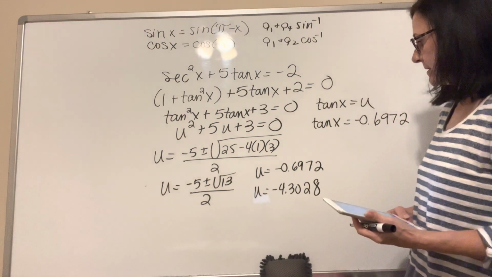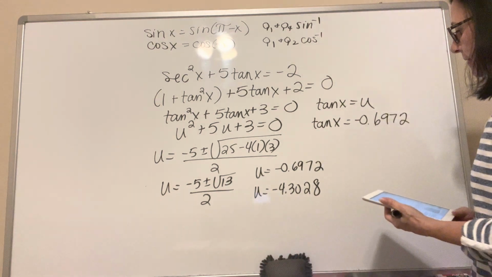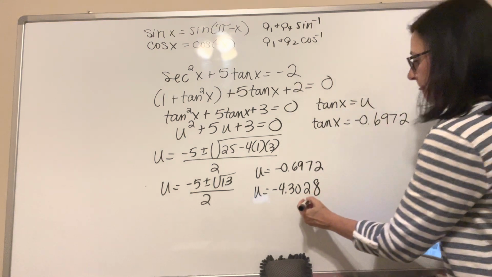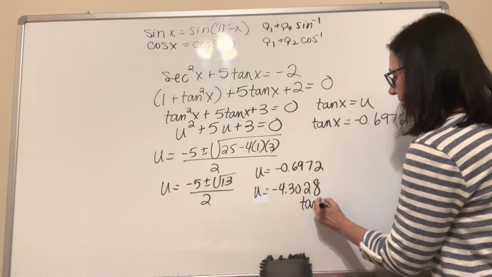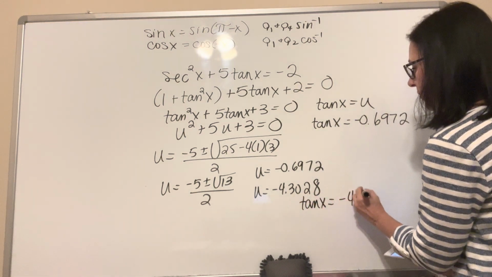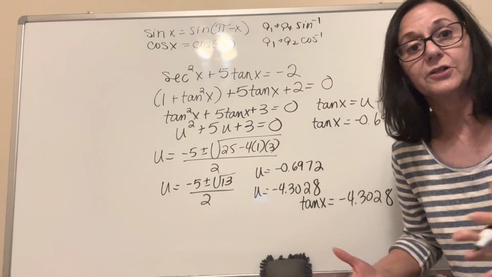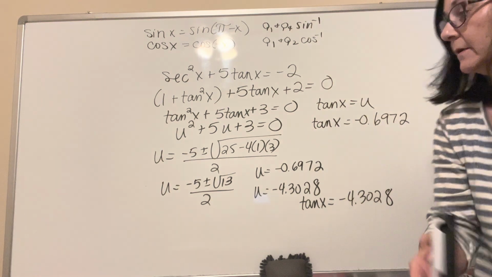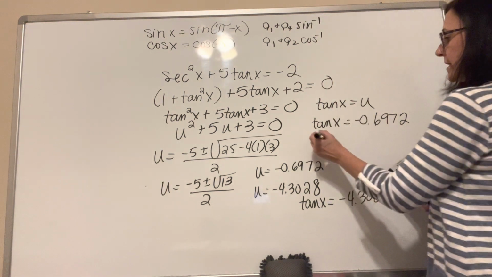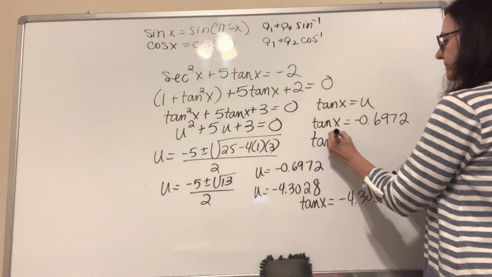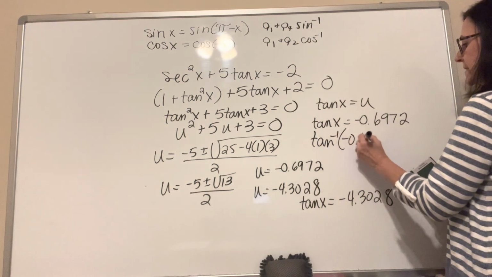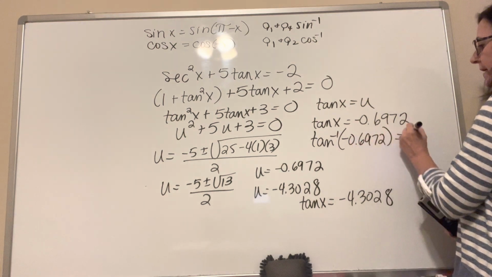I'm going to leave some space. I'll write this one down here. And I have the tan of x is negative 4.3028. Remember the tan, I'm just going to use the inverse. We don't have to limit the domain. So I'll just do inverse tan of negative 0.6972 is x.